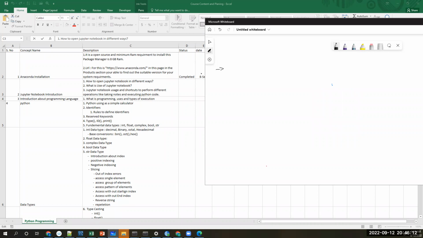Surabhi, tell me how many ways we can open the Jupyter notebook. One is from the command prompt.